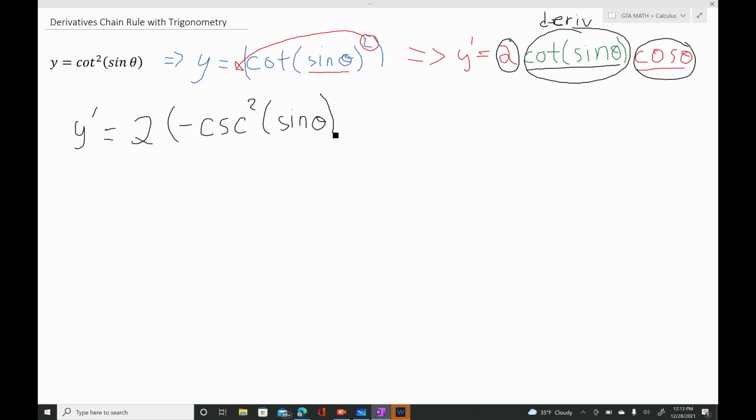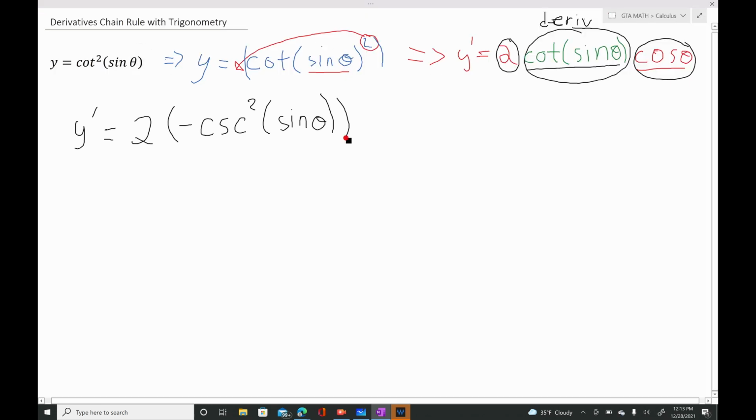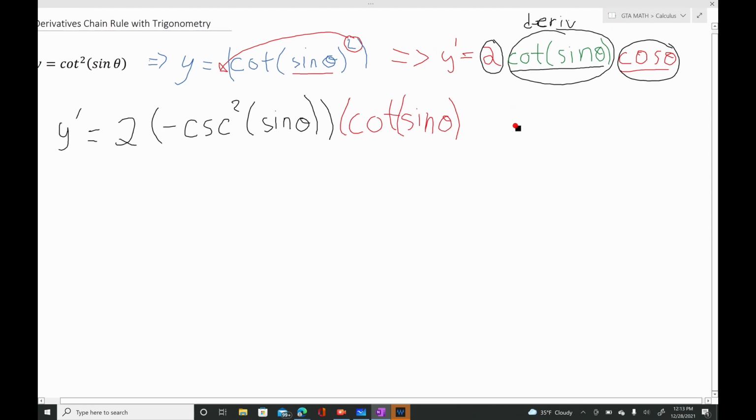And then we're going to also write the original function of it, which is confusing, but yep, cotangent sine of theta times cosine.